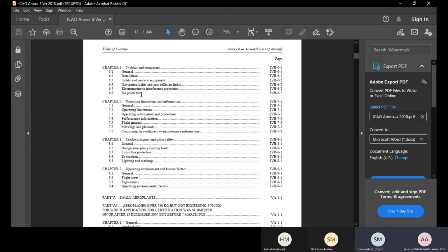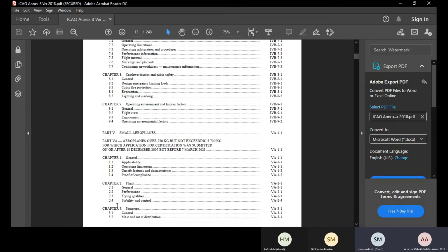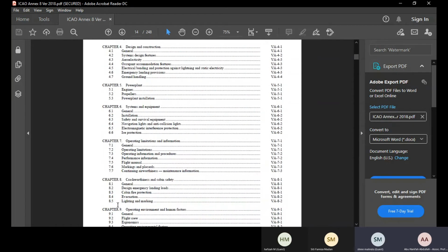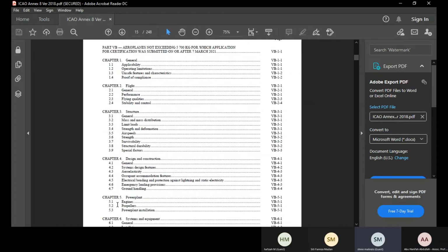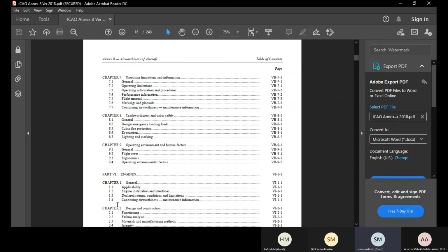Okay, part 5. Part 5 is small aeroplane. It's 5A, also 5B. Small aeroplane over 750 kilo, but not exceeding 5,700 kilo. That one is part 5A. Then we move on to part 6.